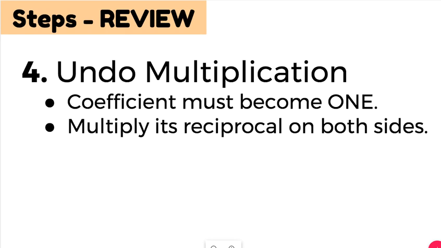Step 4, undo the multiplication. So when we're undoing our multiplication, the thing we need to remember is that the coefficient must become 1. Okay, if we're looking at numbers being multiplied by the x, that's the coefficient. 1 times x equals x. Now, in order to make that coefficient become 1, we do that by multiplying the reciprocal on both sides.